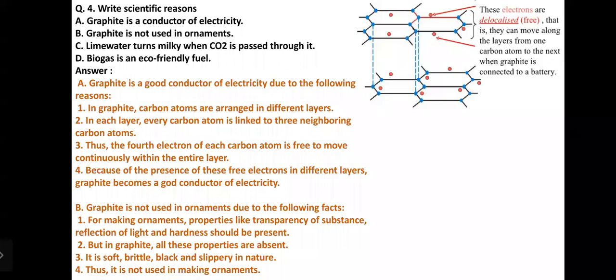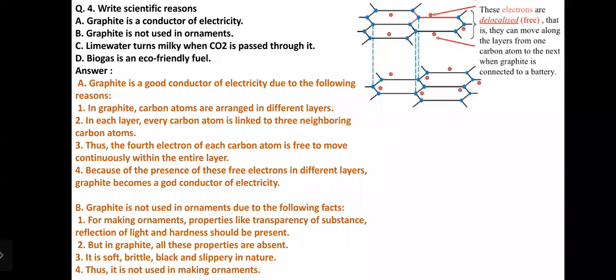But in graphite, all these properties are absent. Graphite is neither transparent, nor reflects light, and graphite is not hard either. It is soft, brittle, black, and slippery in nature. Thus, it is not used in making ornaments. Therefore, we cannot use graphite as an ornament.